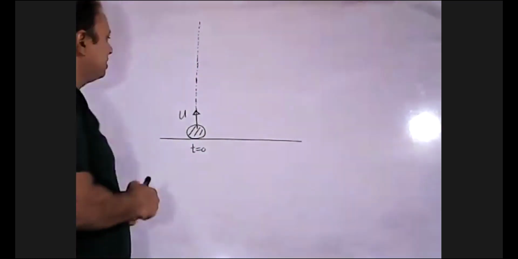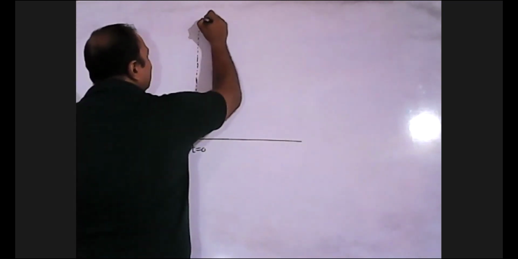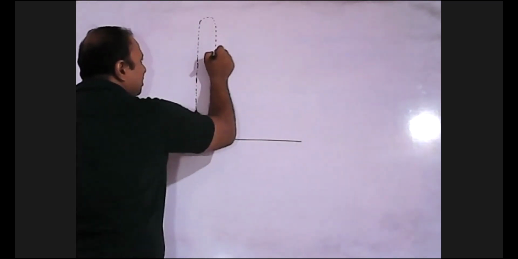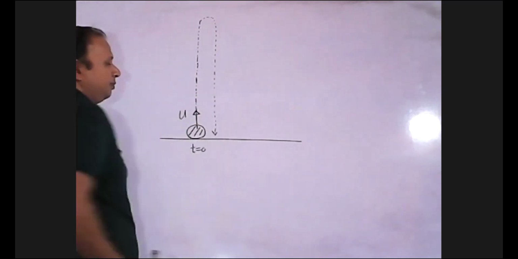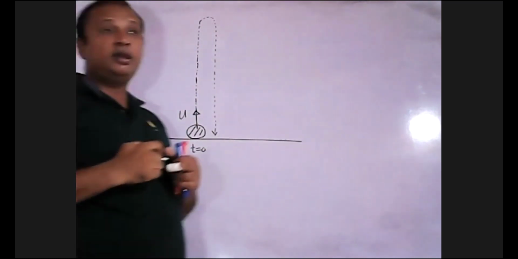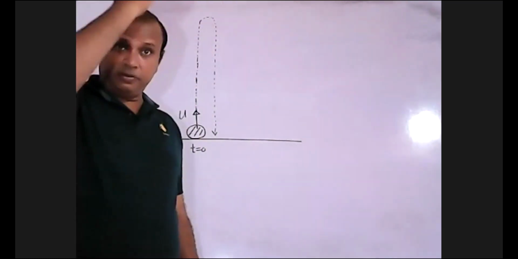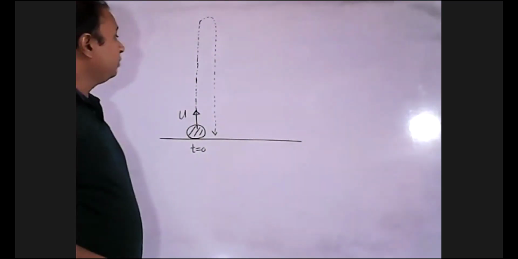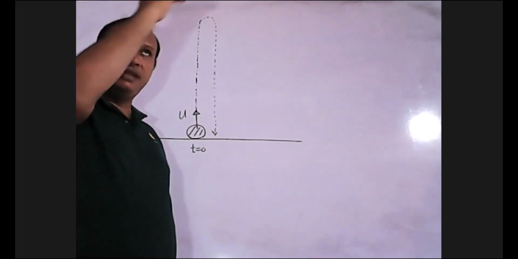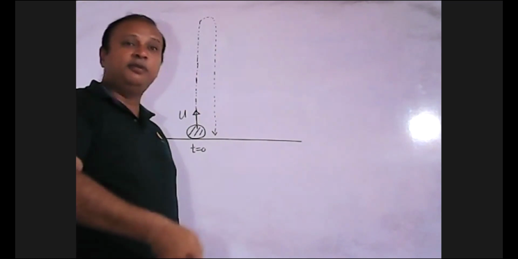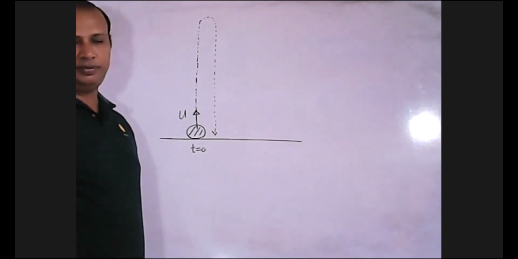So if we throw a ball vertically upward, it moves up to some maximum point, then it moves again towards the downward direction.